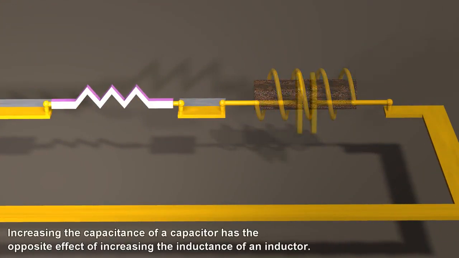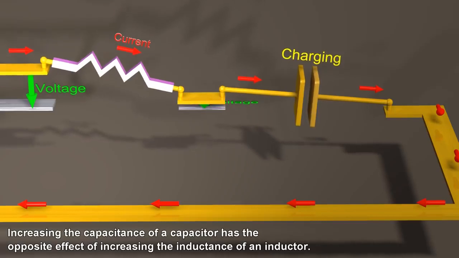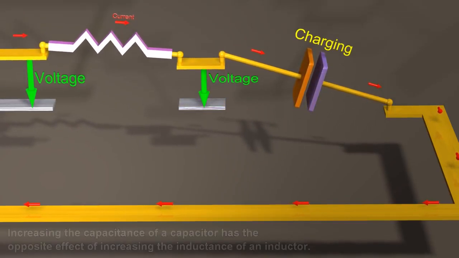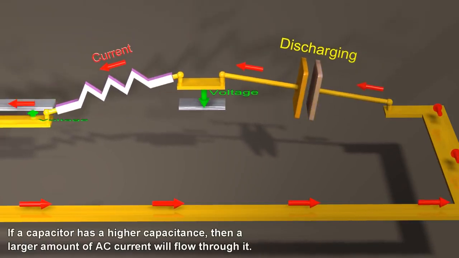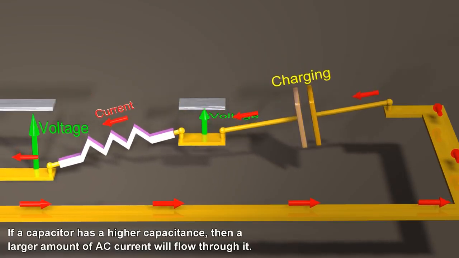Increasing the capacitance of a capacitor has the opposite effect of increasing the inductance of an inductor. If a capacitor has a higher capacitance, then a larger amount of AC current will flow through it.